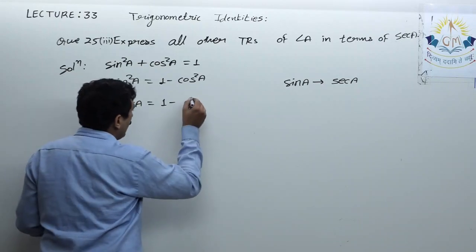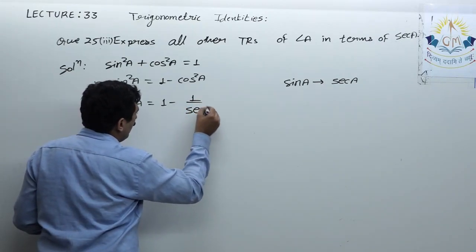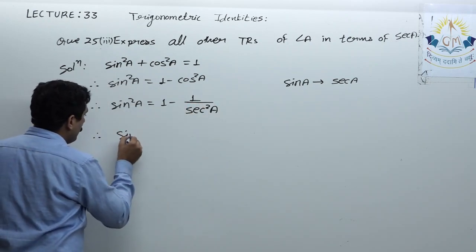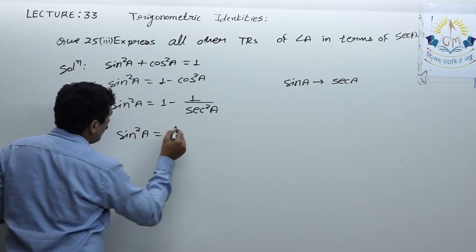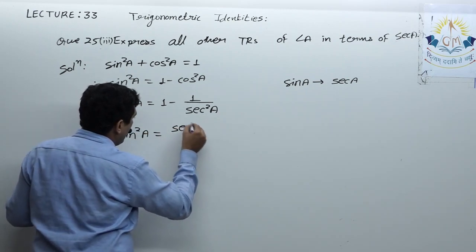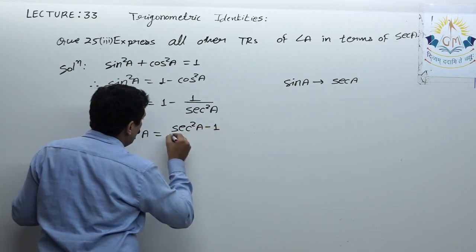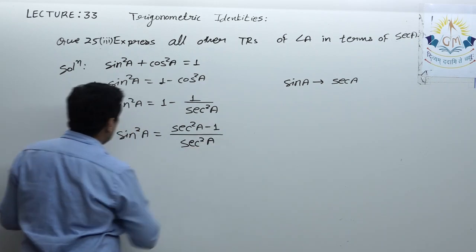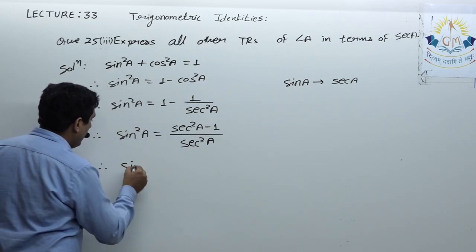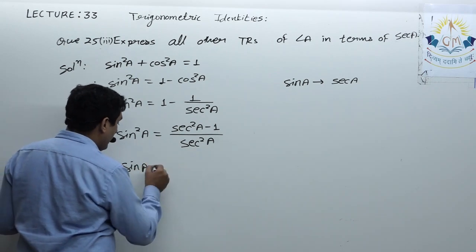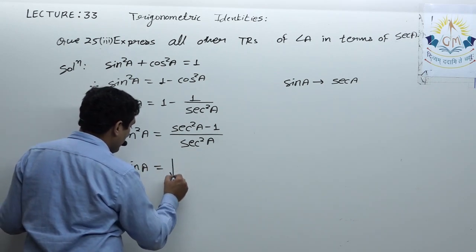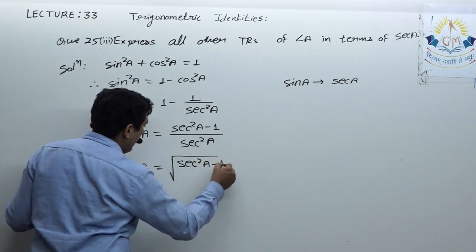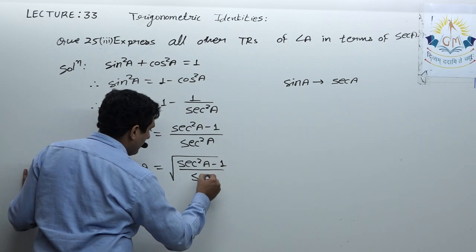Here I can write 1 upon sec square A. So sin square A is equal to sec square A minus 1 upon sec square A. That's my answer, expressing sin A in terms of sec A.